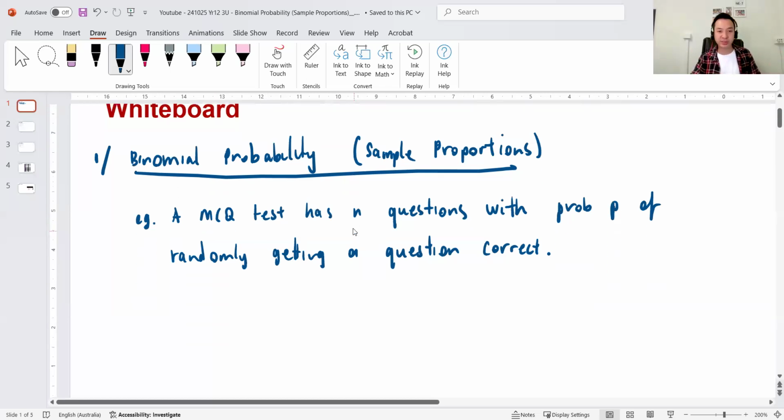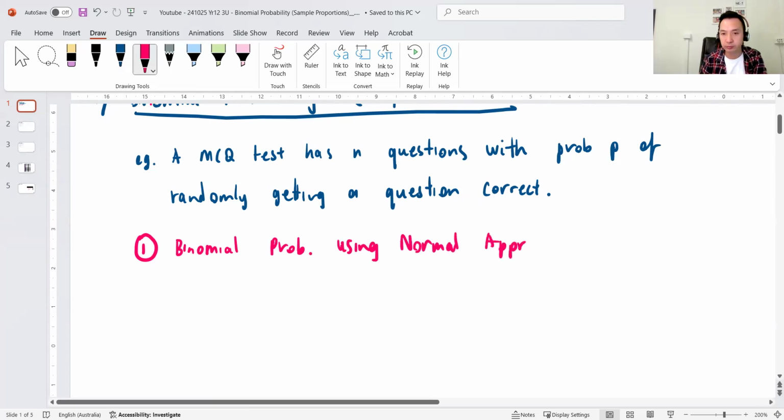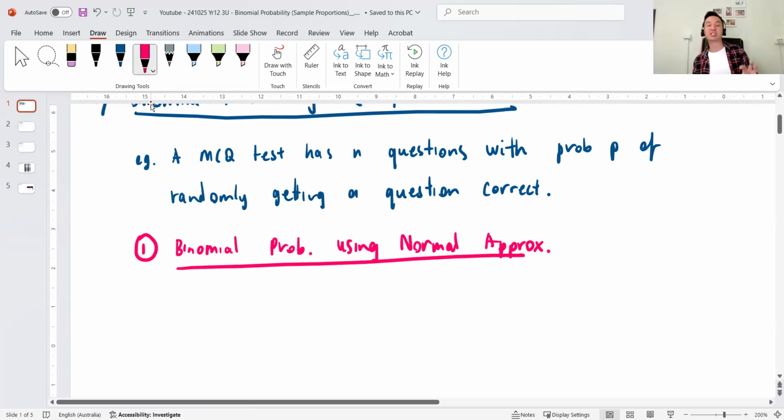Okay, now, I want you to see two cases. So if we just did binomial probability using normal approximation, for those who have seen the video that I did on this, the diagram that I really like to draw is a really nice way of summarizing everything.